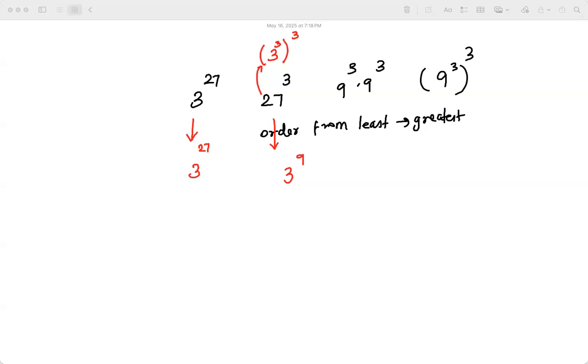Can you mark them as A, B, C, and D? Oh, sure.